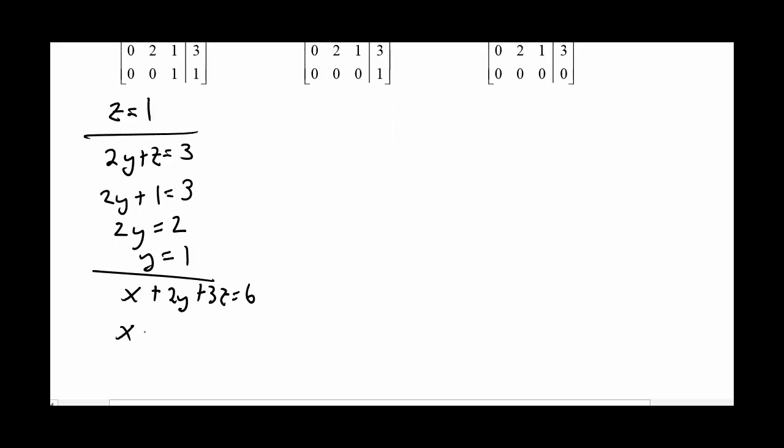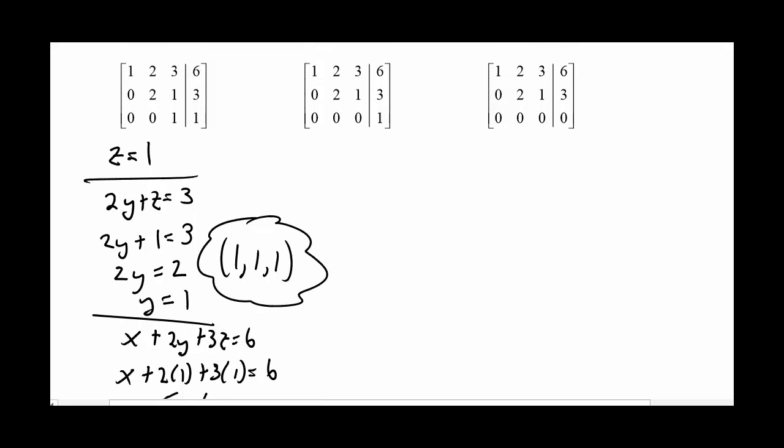And I already know y and z, so x plus 2 times 1 plus 3 times 1 equals 6. So, oh goodness, what would x be? Well, let's see, x plus 5 equals 6, so x is 1. Yay! So our ordered triple then is 1, 1, 1.